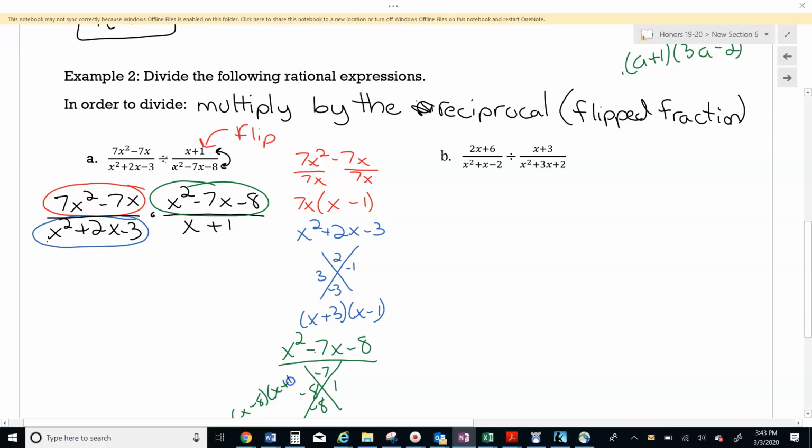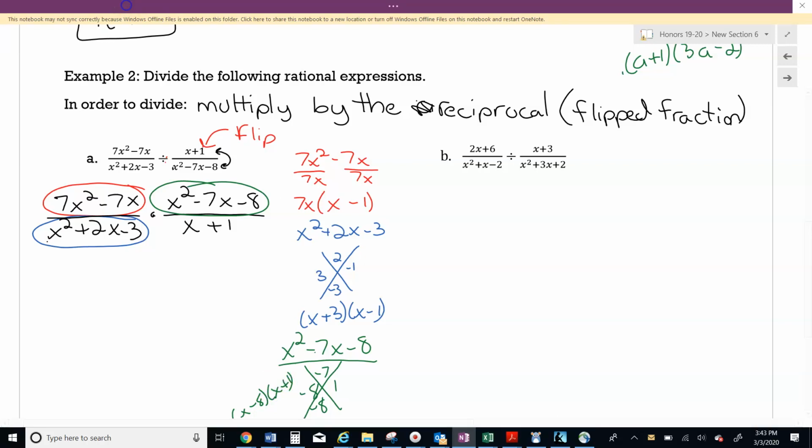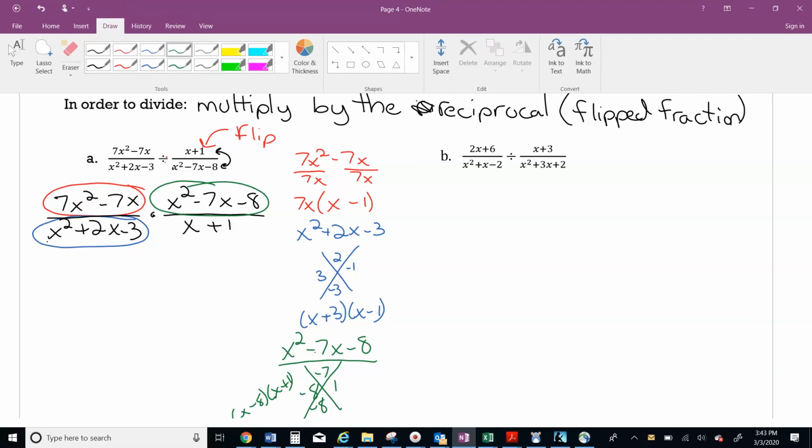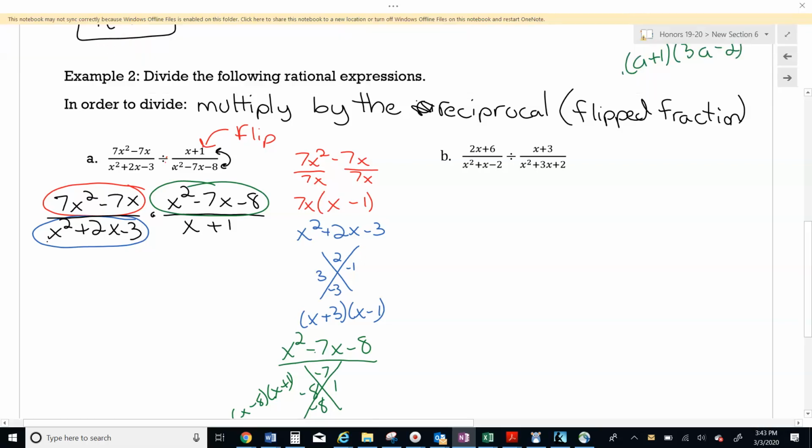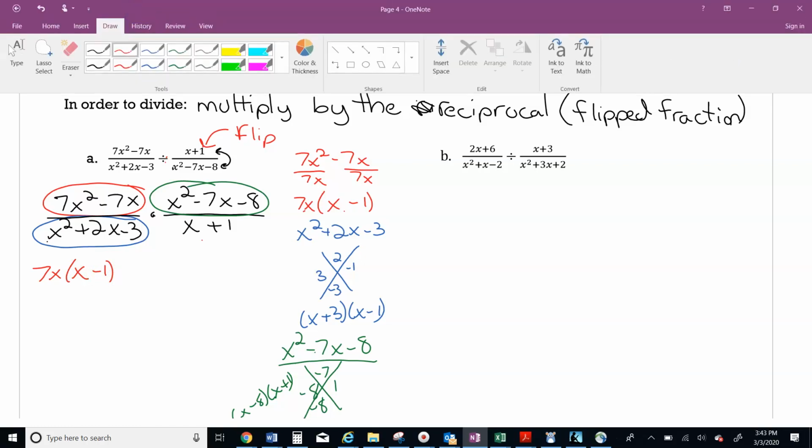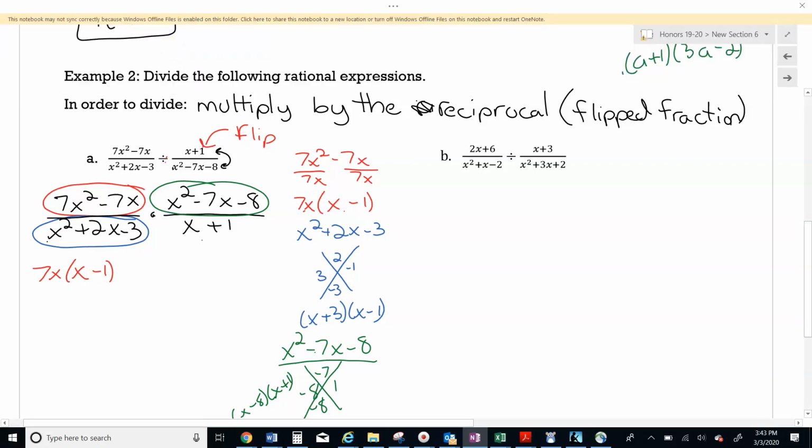X minus 8, x plus 1. This x plus 1 can't do anything. It's just how it is, right? So I have my 7x times x minus 1. And also in my numerators, I have x minus 8 times x plus 1.